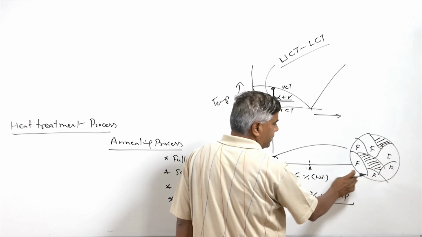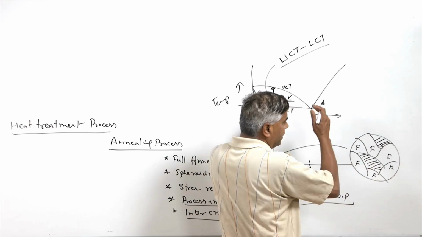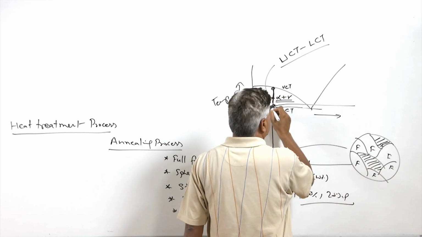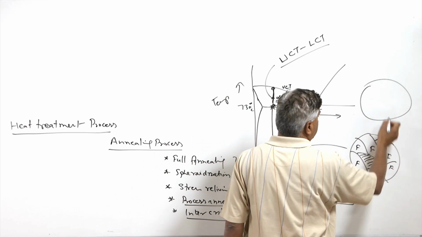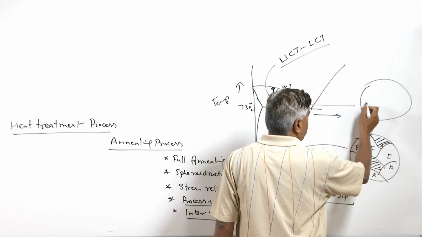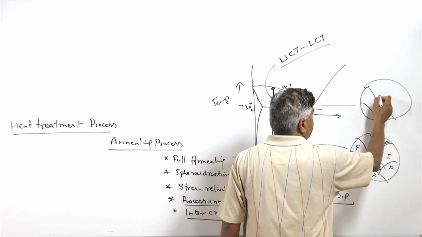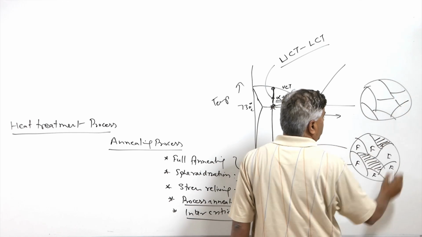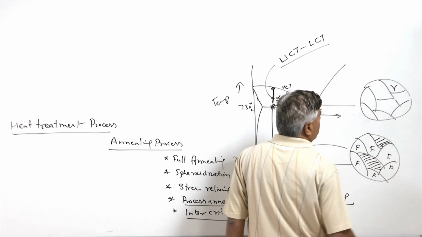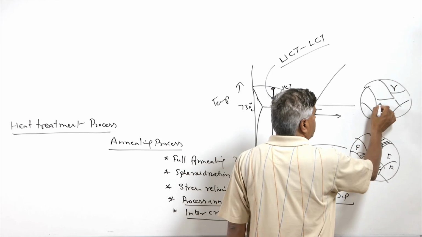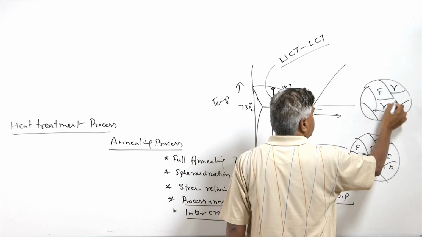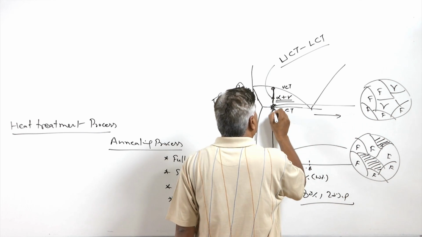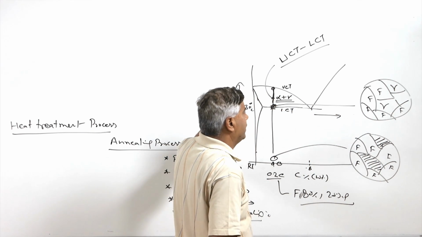So if we see the structural modification occurring during the heating, these perlite grains will convert into austenite at this temperature, while other grains will remain as they are. Like this grain will convert into austenite, and this will also convert into austenite, while other grains may remain ferrite on heating to just above the lower critical temperature.